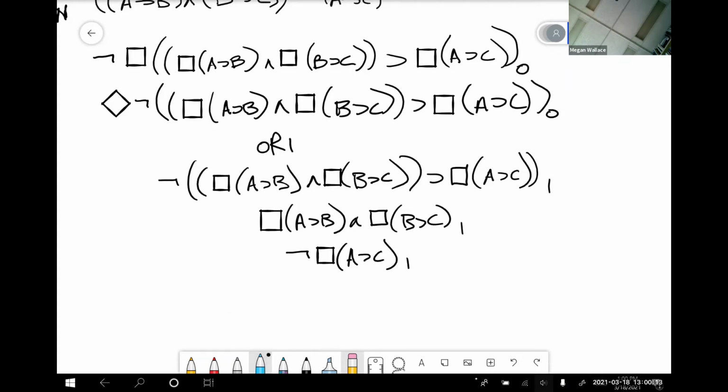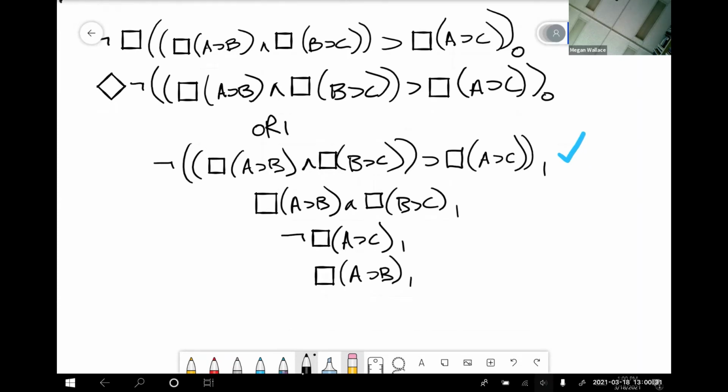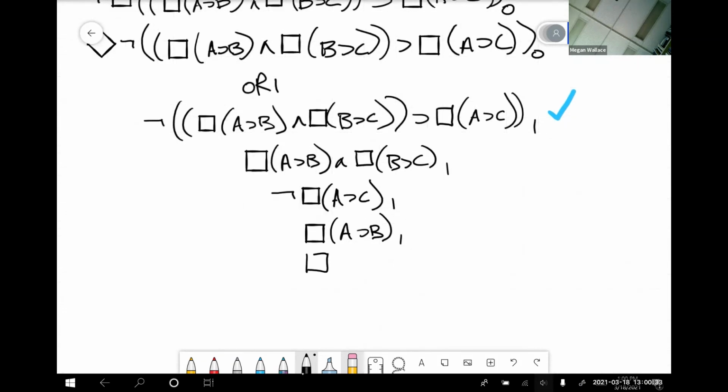And that is me just taking the negated conditional claim to this right here. I am going to take this claim because it's a conjunction, and I will use the conjunction rule, which allows us to say that box A, then B is true at 1, and that box B, then C is true at 1, and that is me taking the conjunction rule to this claim right here.